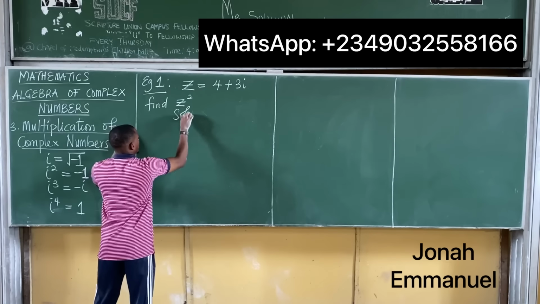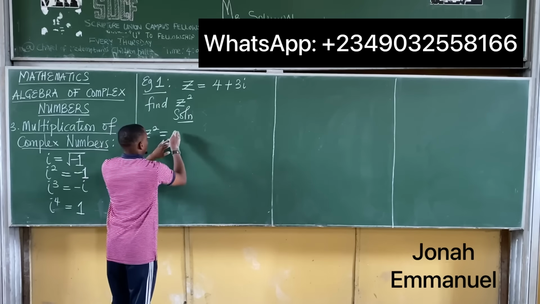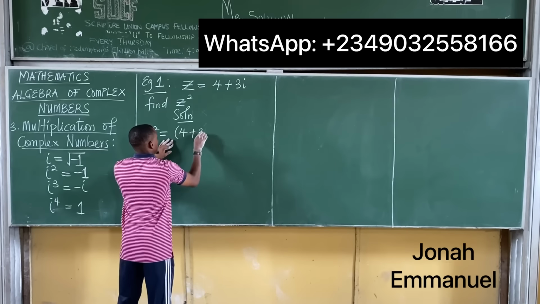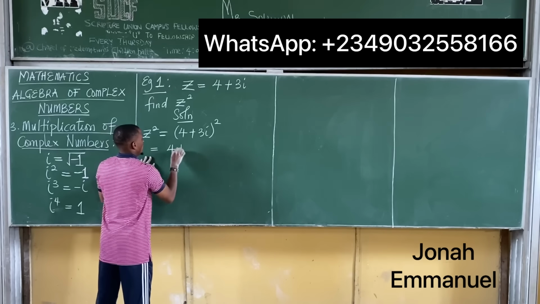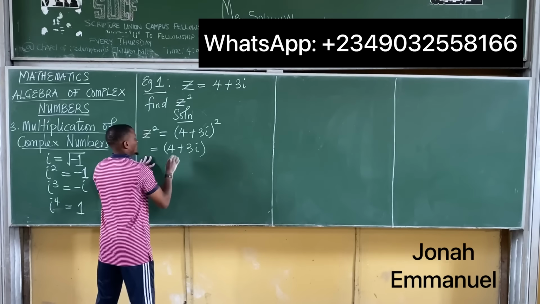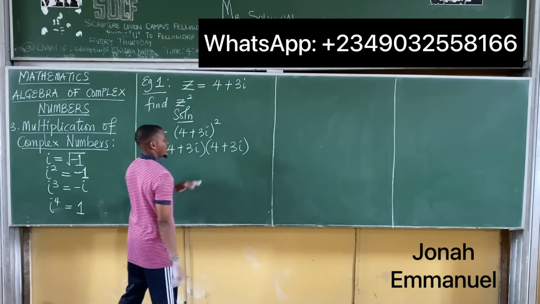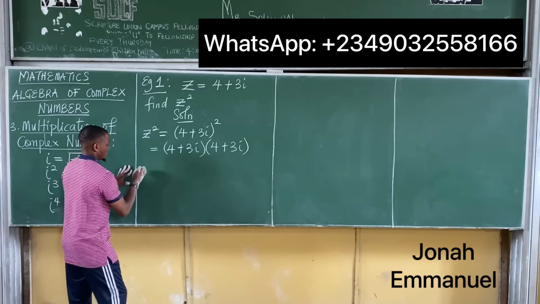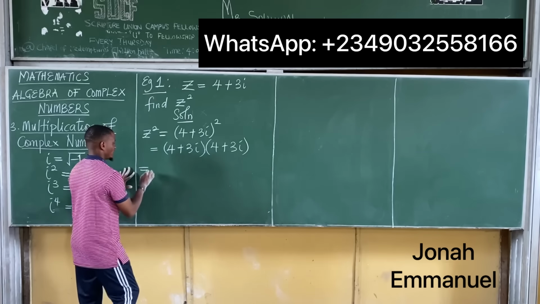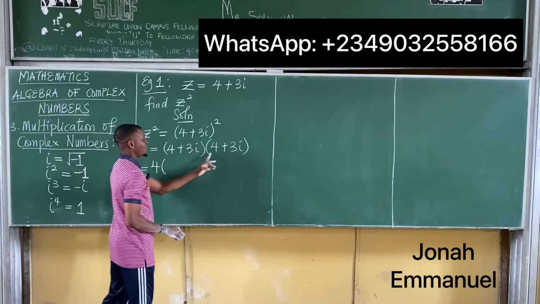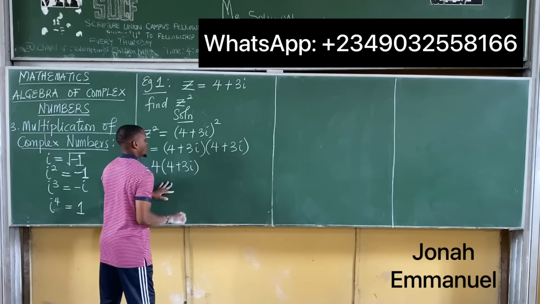Solution, z squared would be equal to what I have here, 4 plus 3i all squared, which is equal to 4 plus 3i multiplying 4 plus 3i, multiplying itself. That's equal to, we said for multiplication, use the first term in the first bracket, 4, multiply everything in the second bracket, 4 plus 3i.